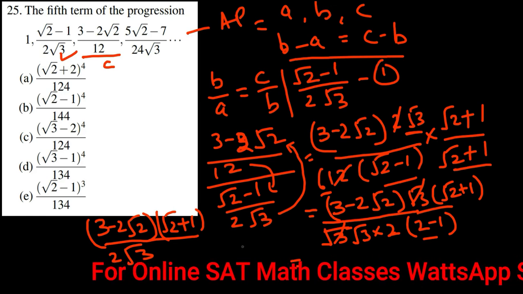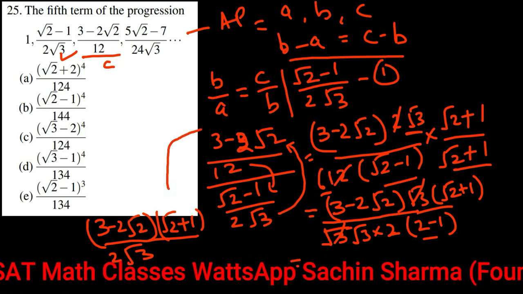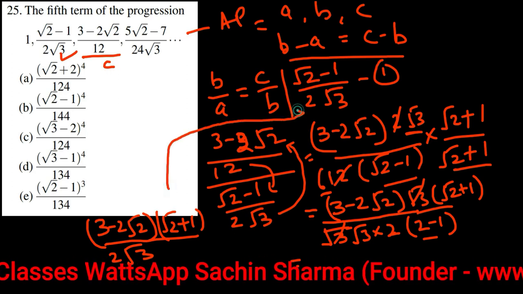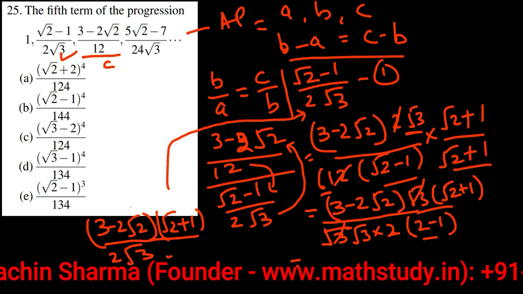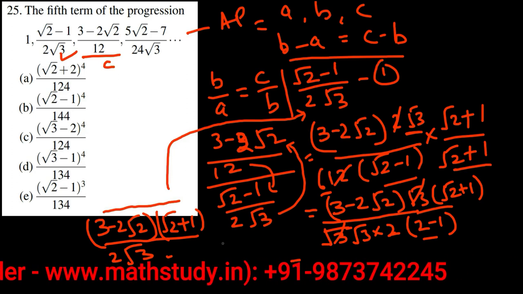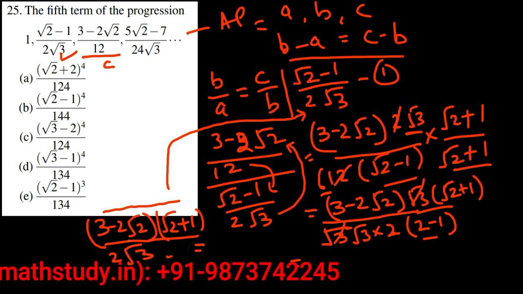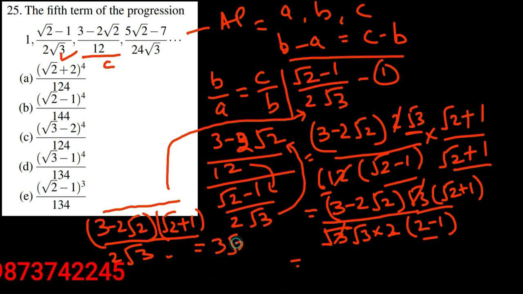So basically here we can refer to our previous ratio b by a. See, in the denominator we got 2 root 3, and if we simplify the numerator, we should get root 2 minus 1, obviously. Now we will multiply these two terms. First is 3 into root 2, 3 root 2, right? 3 root 2 plus 3.